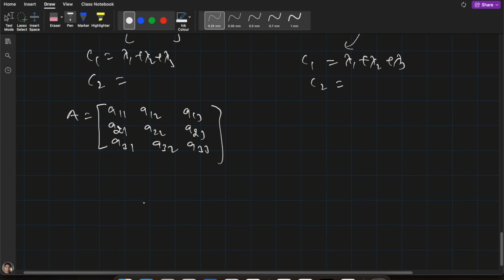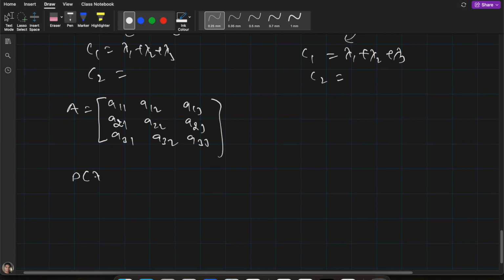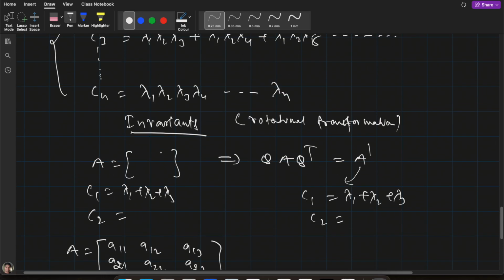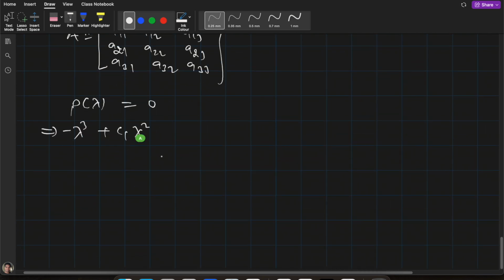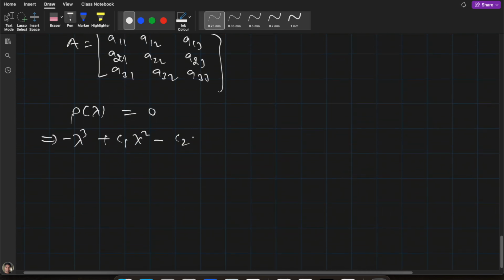For this, what will be the characteristic polynomial? You will write minus lambda cube plus c1 lambda square minus, you have to take care about that, there is an alternating plus minus plus minus, so minus c2 lambda plus c3 equal to 0.